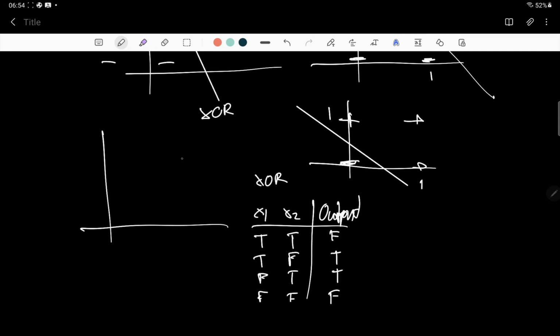So if this is 1 and 1, and this is x1 and x2, this one will be negative and negative. And for the ones where the inputs are different, 1 0 and 0 1, the output is positive. In this case, you cannot use a single line to separate all examples. So you need something like this.